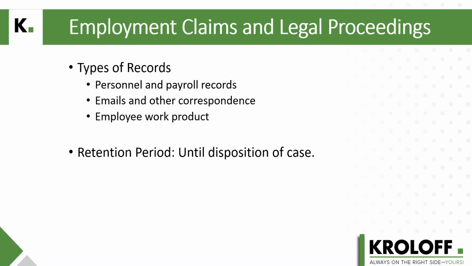And so they have 3 years to file. If they file on the very last day, that's getting to the end of the recommended records retention period. But you would want to keep those records longer if you do have a dispute with that employee or a claim from that employee until your attorney advises that it's safe to dispose of those records.